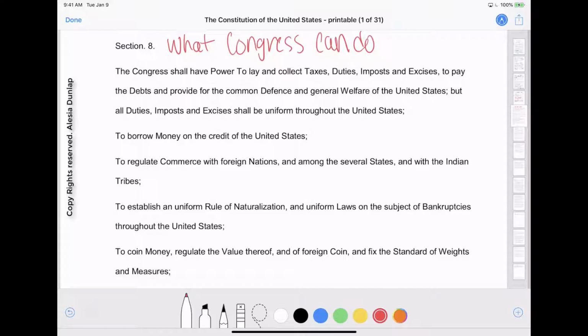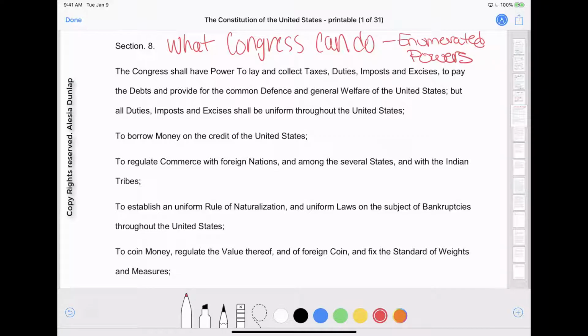As I stated in my previous lecture, this is what we know as the famous enumerated powers of the Constitution. Enumerated powers are powers given to Congress. And what are the powers?